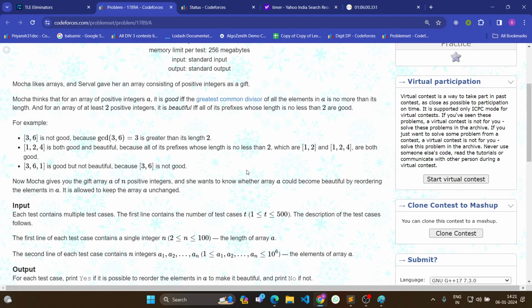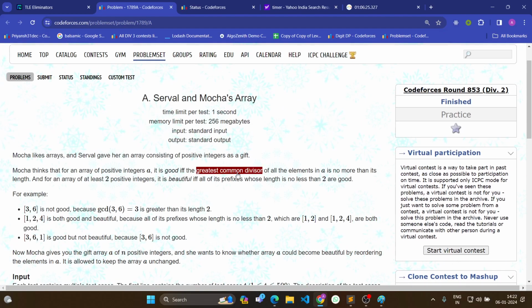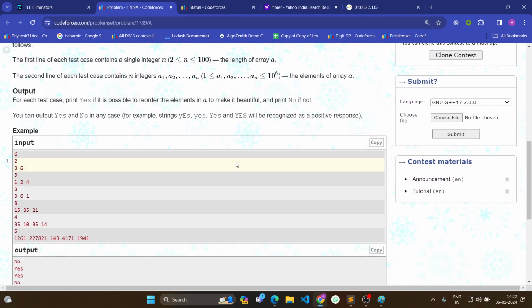If the greatest common divisor of all the elements is no more than its length, okay. She wants to know whether the array can become beautiful by reordering the elements in A. Got it. Here it is no. Here it is yes. Yes. No.